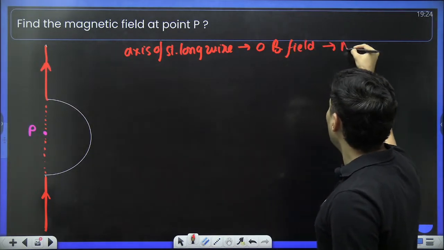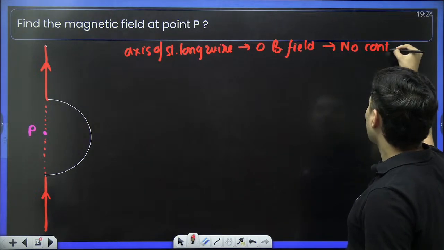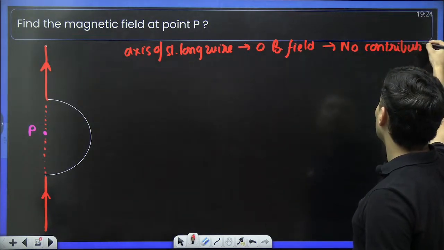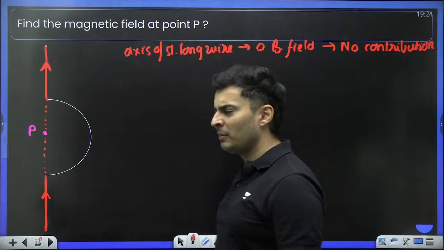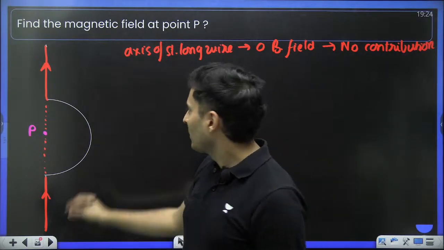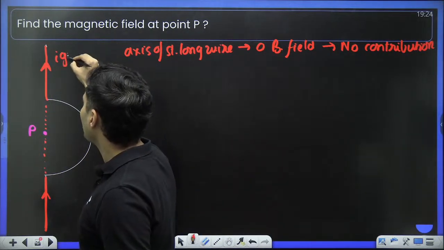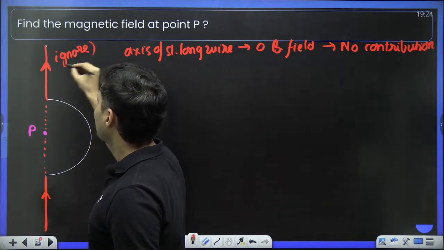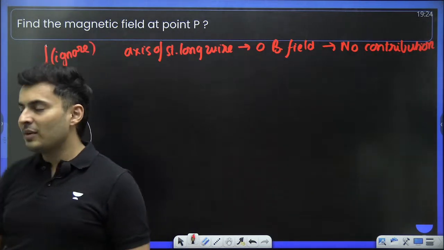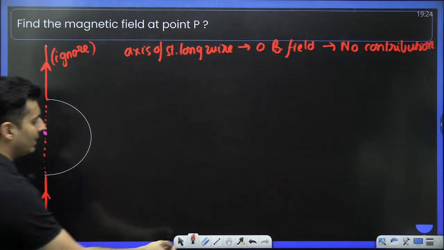So they have no contribution at all in the total field. So might as well ignore them. So basically, I can just ignore the straight parts in this. So the only thing which is there is the curved part.